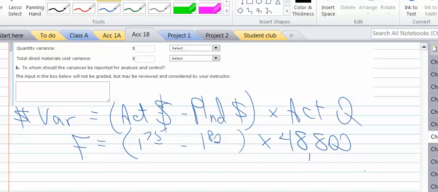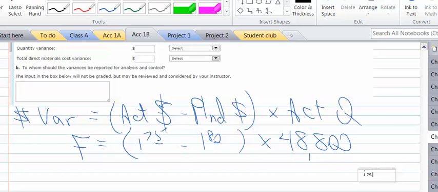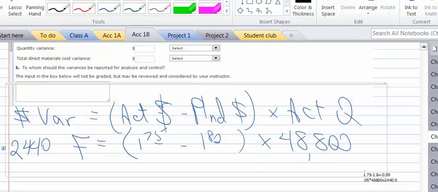Let's do my multiplication. And I get a number of $2,440 favorable. That's going to be for my rate variance.